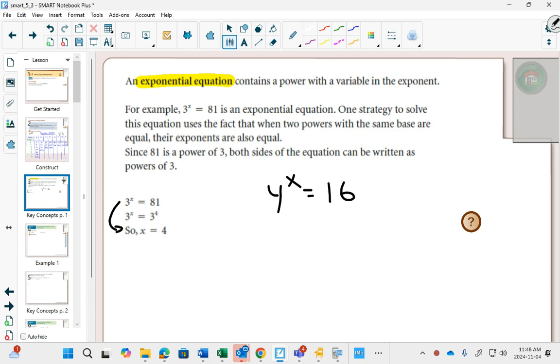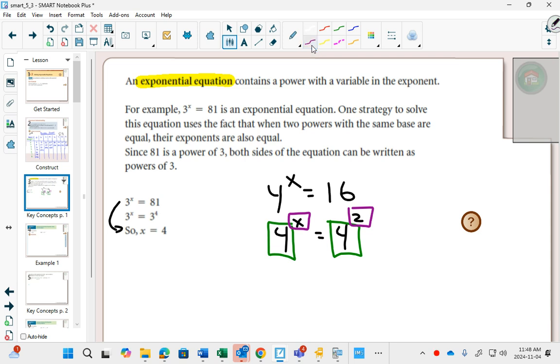But as an intermediate step, we say, could we write both sides with the same base? And 16 is 4 squared. And if my bases are the same, does it make sense that the exponents would have to be the same? If those two sides are equal, that has to be true.